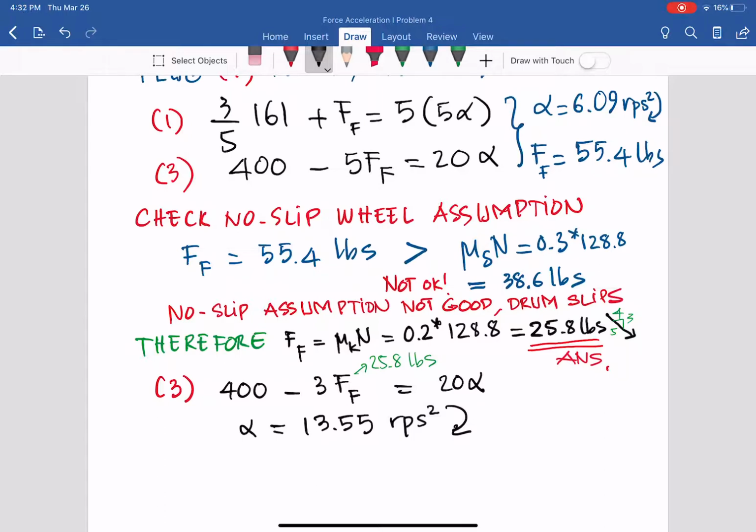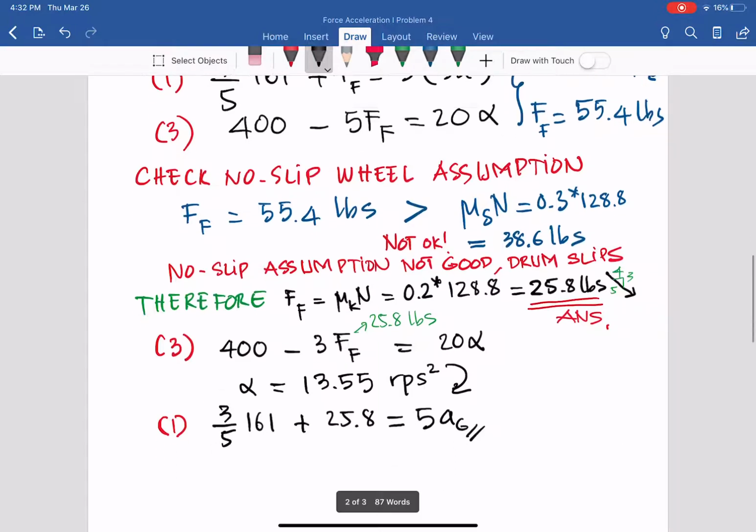If you want to see the a_G parallel, you can plug into equation 1. So you have equation 1: 3/5 times 161 plus FF, so it will be 25.8, equal to 5 a_G parallel.